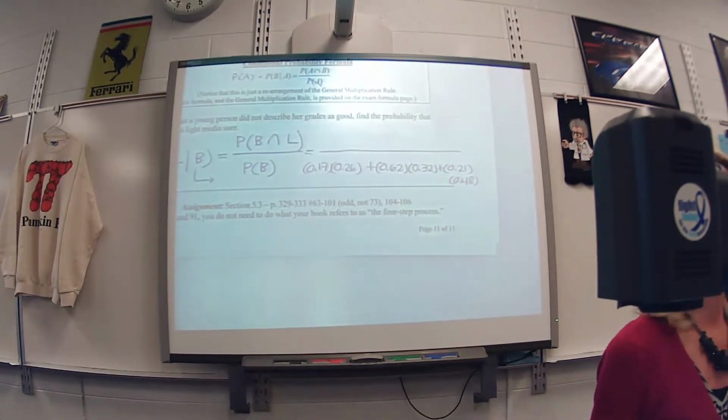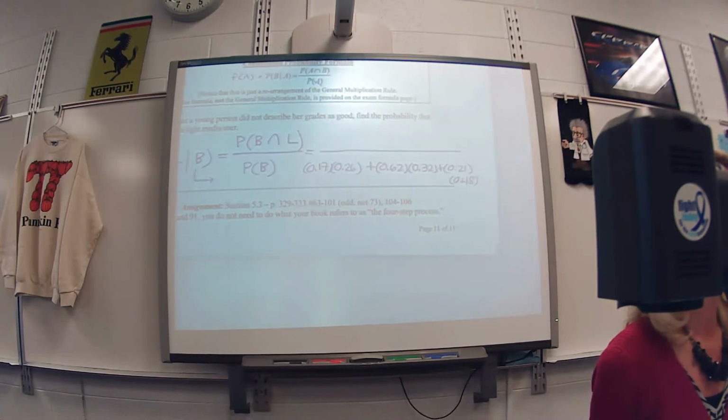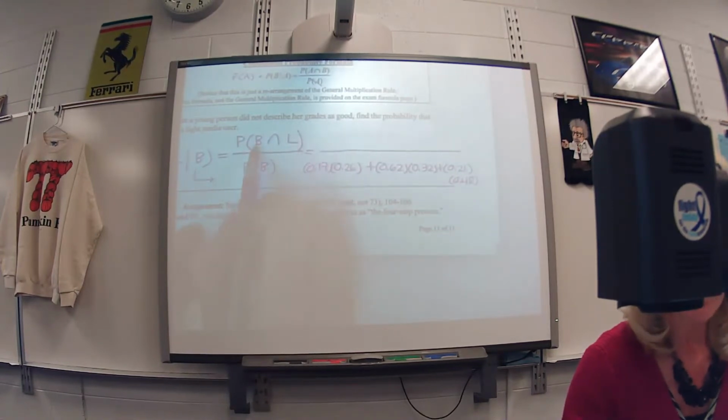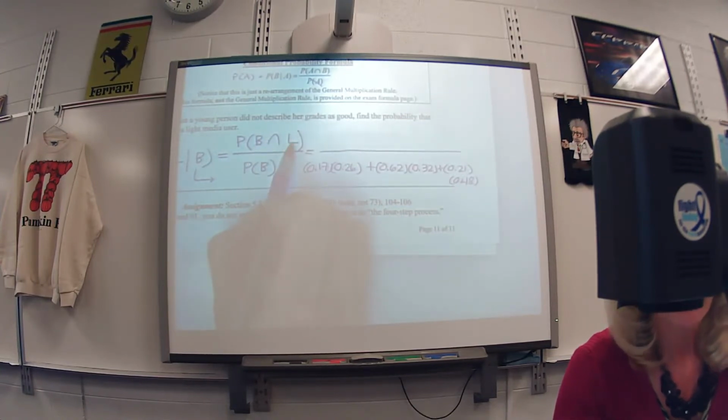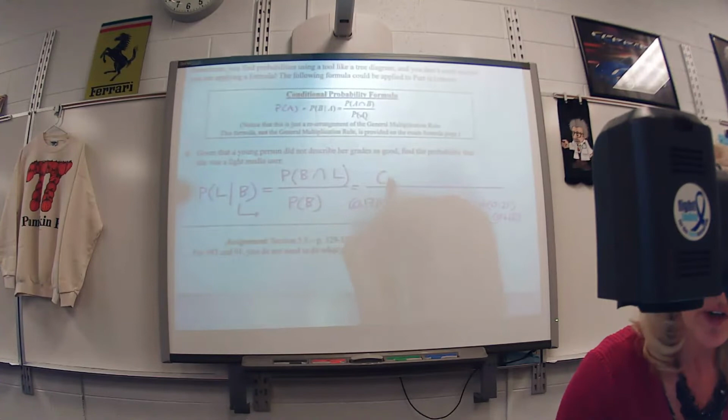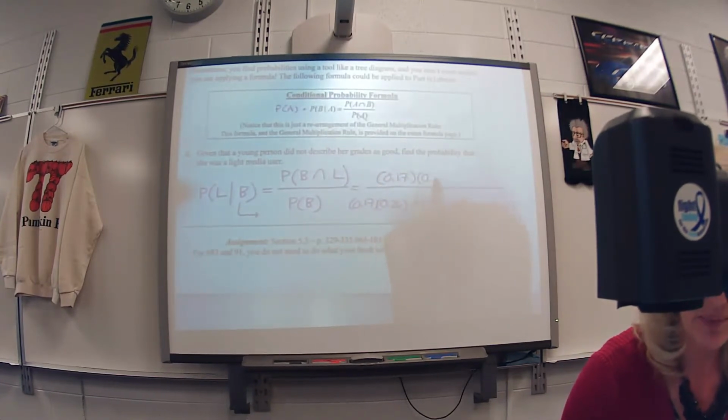And very often, the numerator will be just one of those chunks. I want the B and L. I want bad grades and light users. Bad grades, light users. My numerator is going to be the 0.17 times the 0.26.